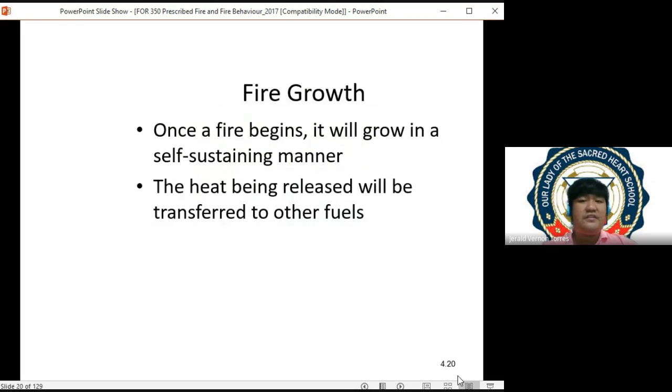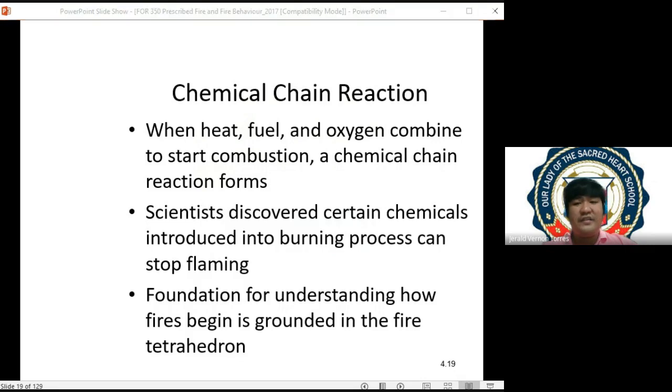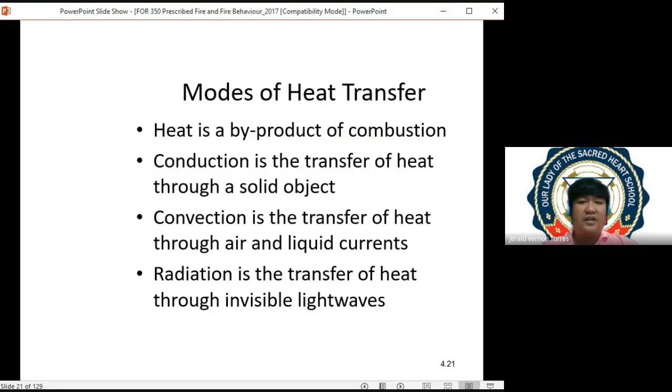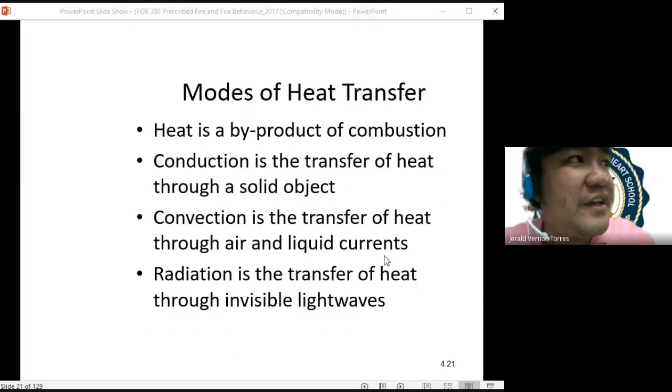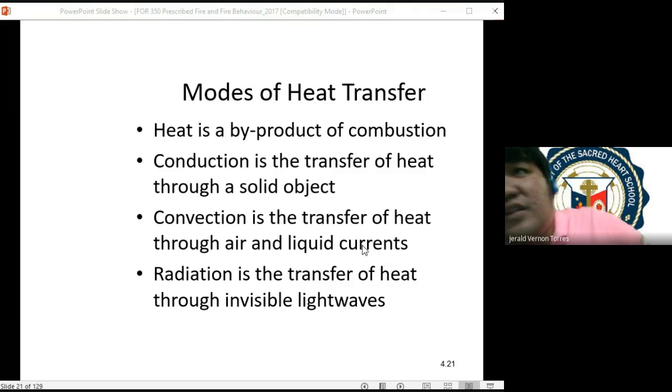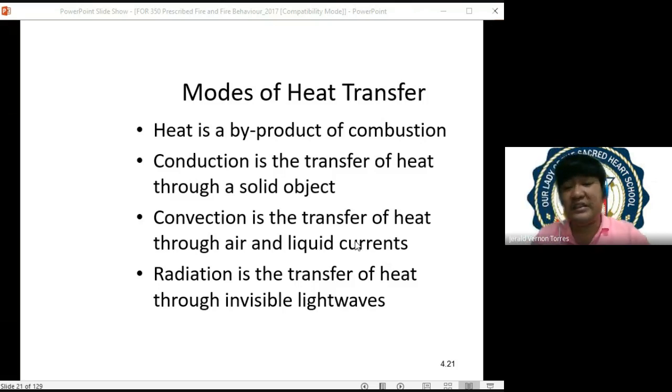And tulad ng sabi ko sa inyo, fire itself is a series of chemical reactions. Pag nagkakaroon tayo ng fire, it's actually due to the fact na merong natatransfer na heat energy across the system that would let the fuel ignite, doon tayo nagkakaroon ng fire.